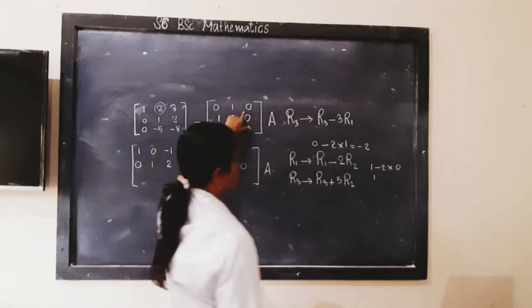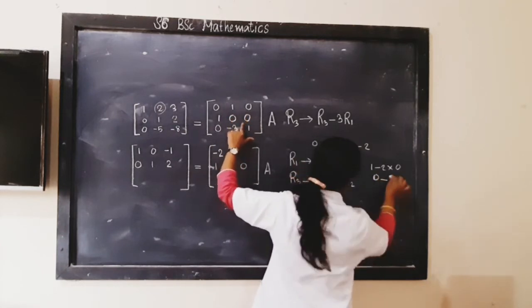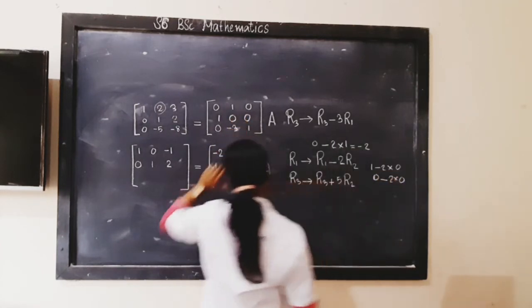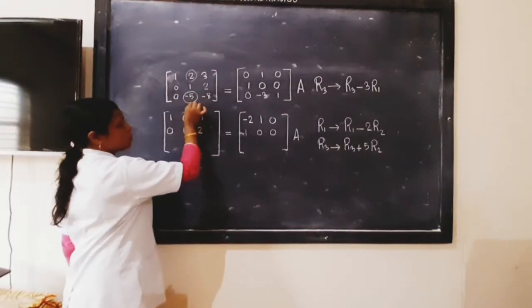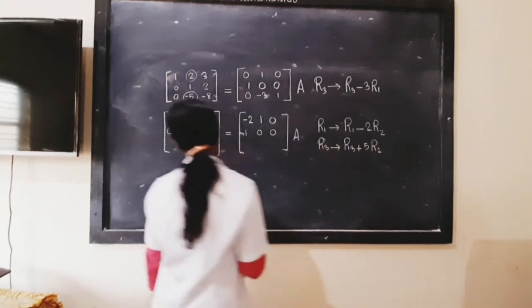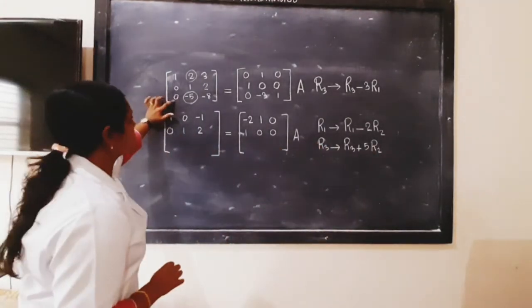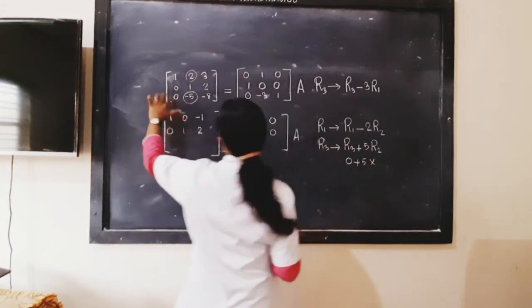Next element 0, here 0 minus 2 R2, that is 2 into 0, we get 0. For making minus 5 to 0, we use the transformation R3 tends to R3 plus 5 R2. Here the R3 first element is 0, so we write 0 plus 5 into R2, 0.